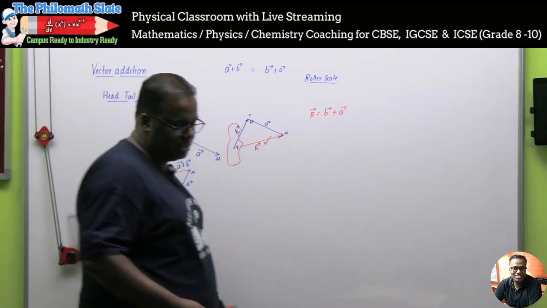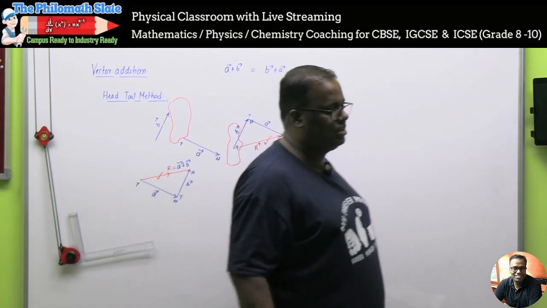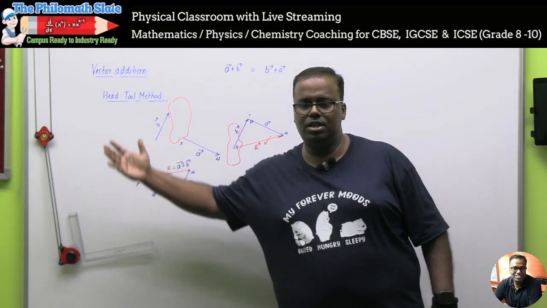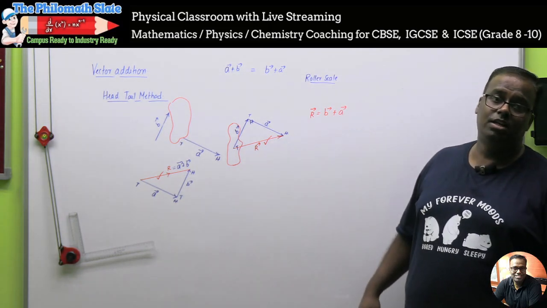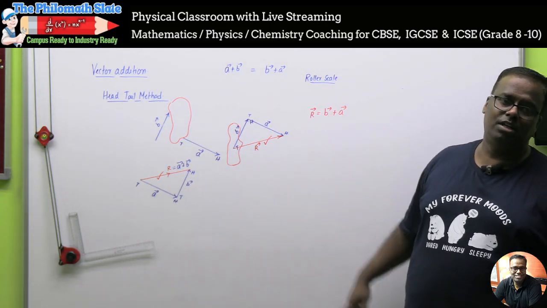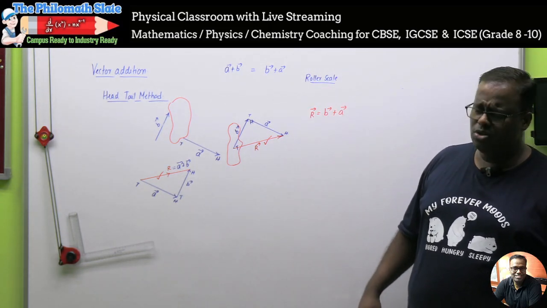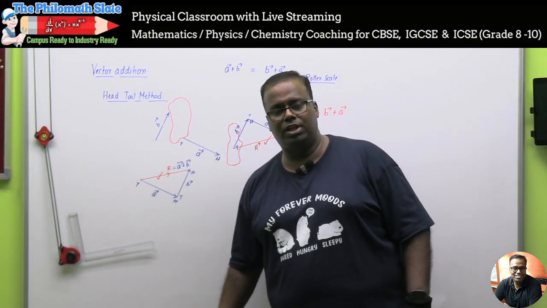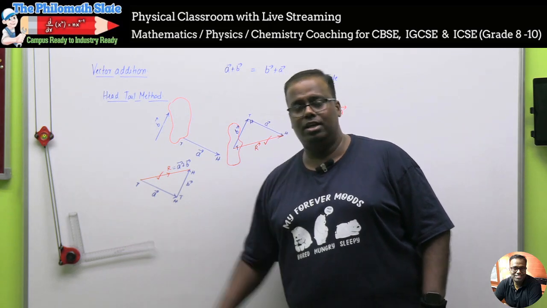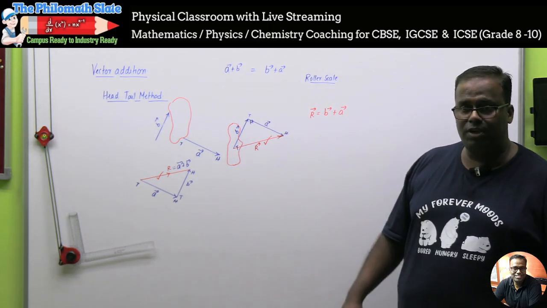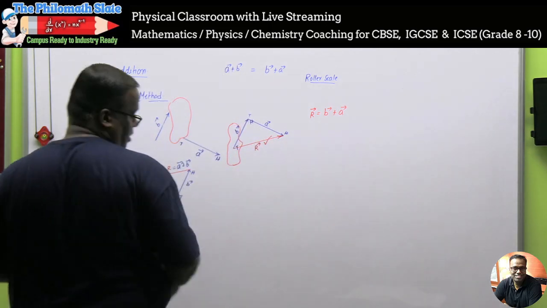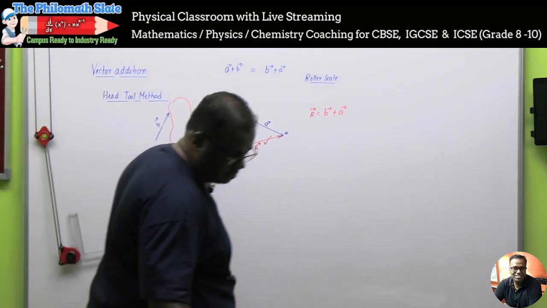Take the two vectors, take one vector at a time, draw it in a clean place, translate the other vector parallelly such that the tail of the second vector merges with the head of the previous vector. Then draw a line. If we would have had 3-4 vectors, for example, if our scenario would have been like this, children.